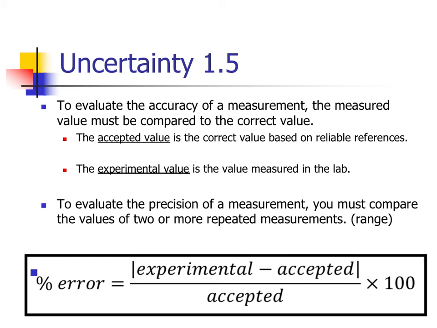And it's better to say accepted value because is it really the actual? Or at least this is just what we're going to go with as the acceptable answer. Usually the tabulated values, say for density, are considered to be the accepted values.